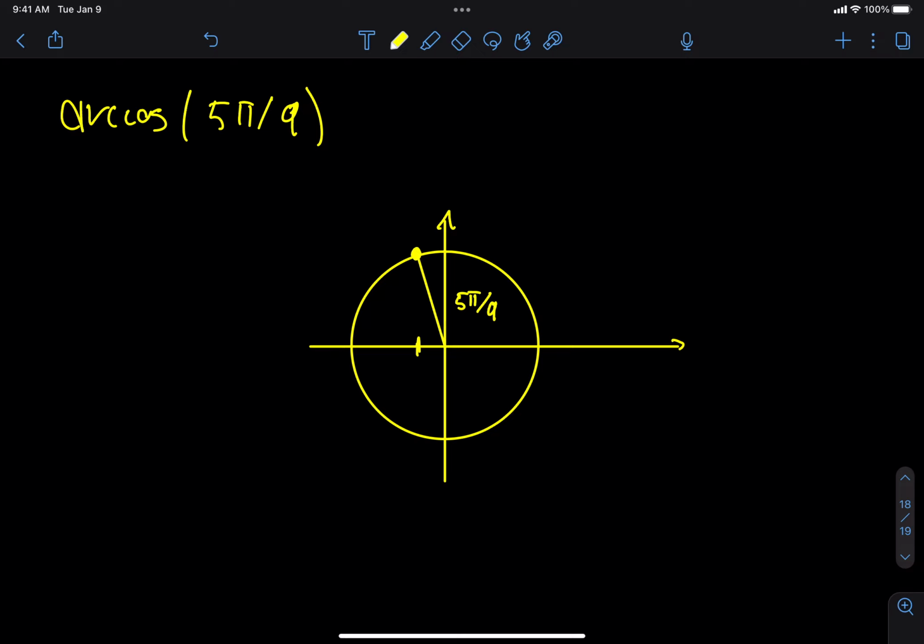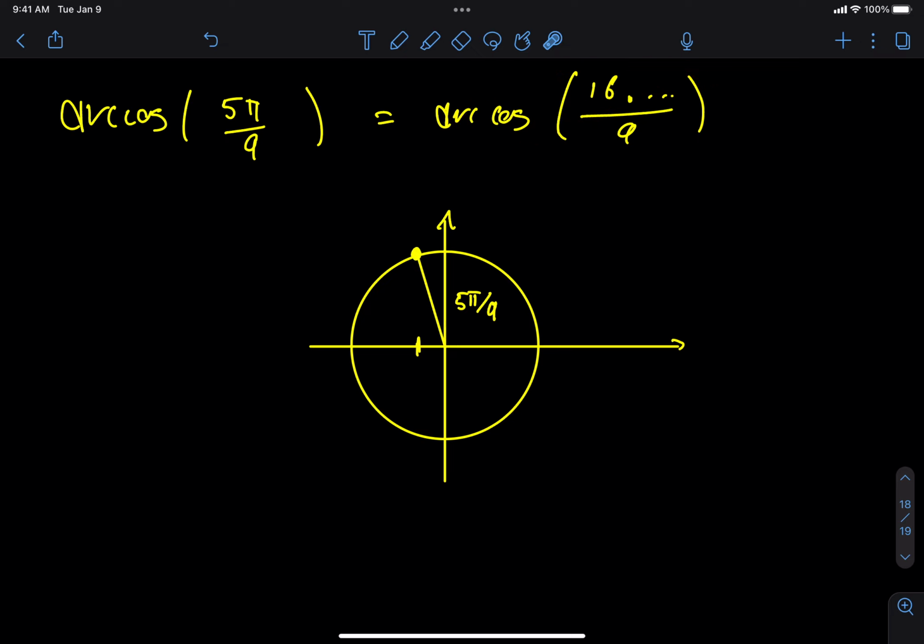Okay, now I understand why this is so messed up. What is 5 pi over 9? This is like doing arc cos of like 15 point something. No, like 16 point something over 9. Why can I not do this?